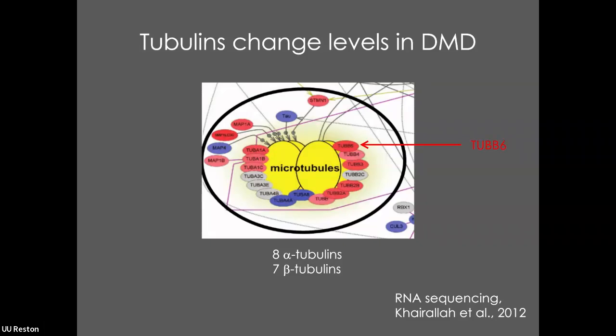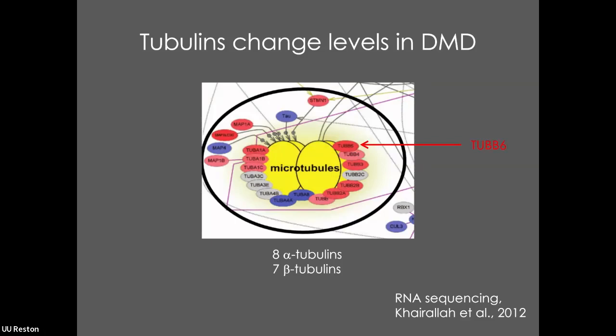So here they show microtubules, and just on the left of the word micro are all the alpha tubulins, and on the right of the word tubule are all the names of the different human beta tubulins.